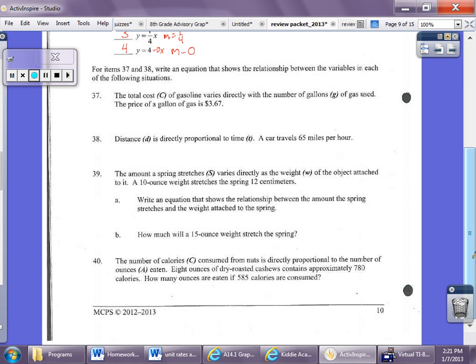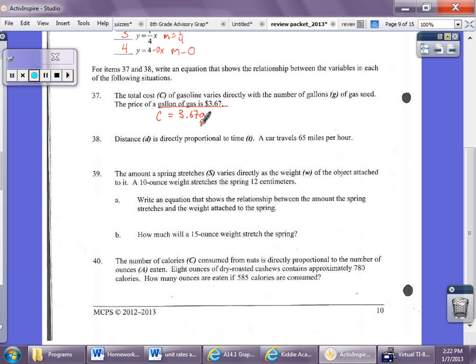For 37 and 38, we want to write our equation that shows the relationship between the variables. With question number 37, the total cost of gasoline varies directly with the number of gallons. The price of a gallon of gas is $3.67. Well, cost varies with our gallons, and a gallon of gas is $3.67.